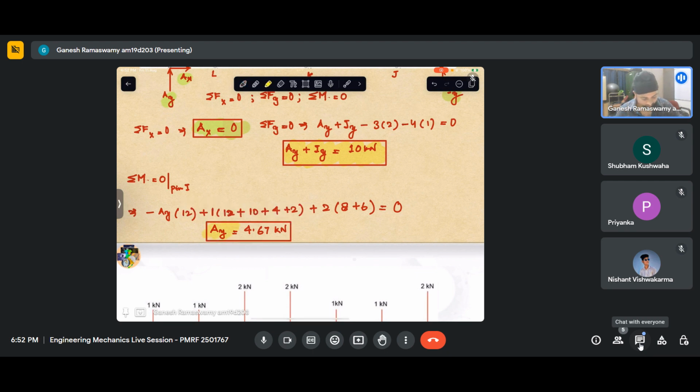I hope this is clear. What I'm doing is clear. So now we have this equation 1, which says that both AY and IY have to sum up to 10. So if AY is 4.67, then IY becomes 5.33 kilonewton.